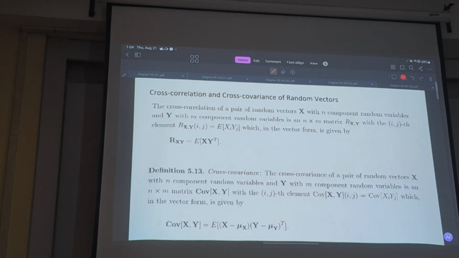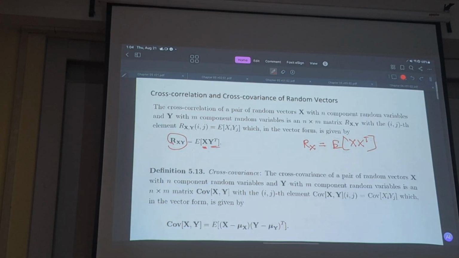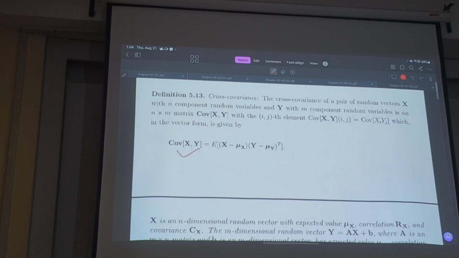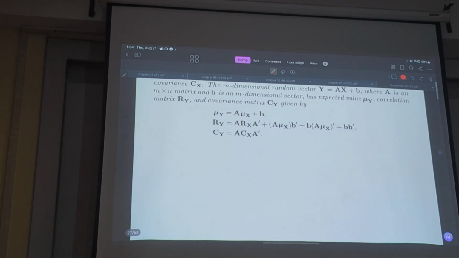There are some extensions of this you will learn. So the cross correlation between two random vectors x and y: just reconsider, the correlation of x is the expected value of x times x transpose. And here it will be x times y transpose. And covariance is this one.